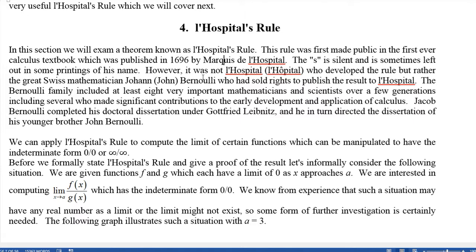And it's interesting to note that the Bernoullis collectively were amazing. They did an amazing amount of work in a variety of different things, and there are many results in mathematics and science that have the name Bernoulli on them. For example, Jacob Bernoulli did a lot of early work in probability.